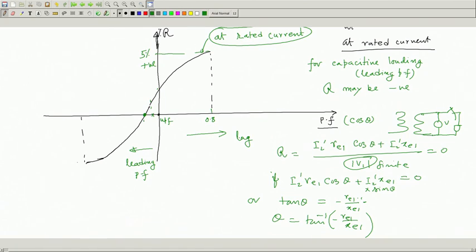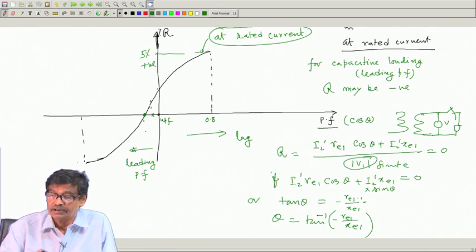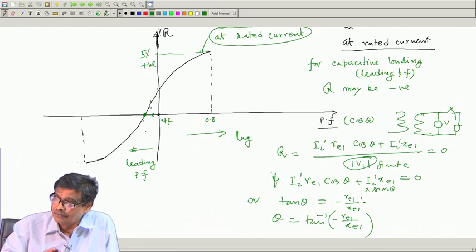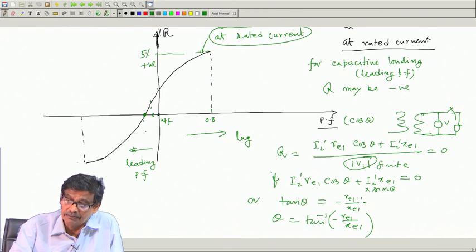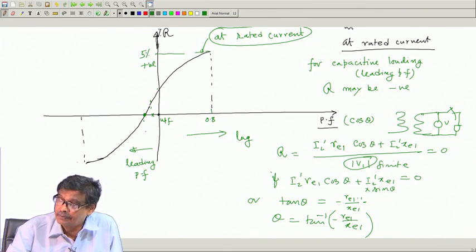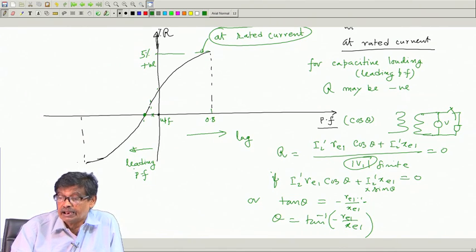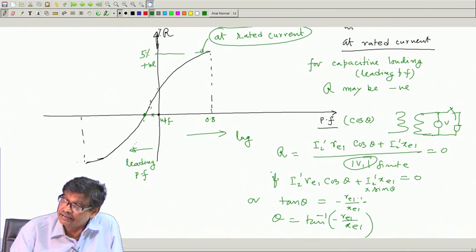At reduced current, regulation will become less, the amplitude will be reduced, but it follows the same curve.